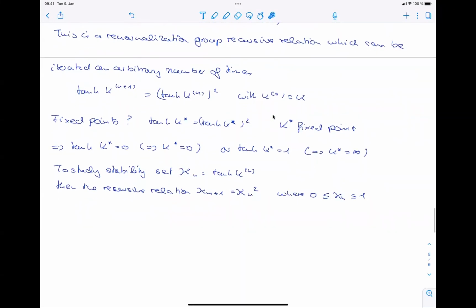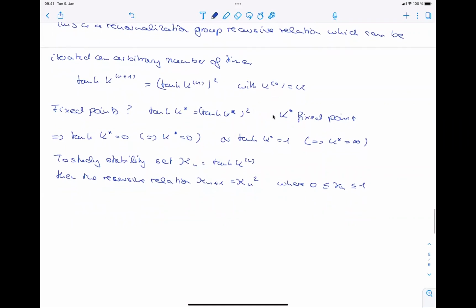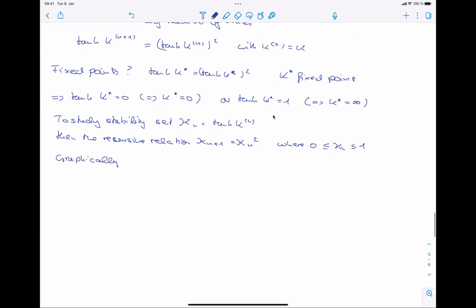And that's just to make these maps easily linear, because now what this means graphically is that we have here the kappa space, and it goes between 0 and 1. And another 0 and 1.